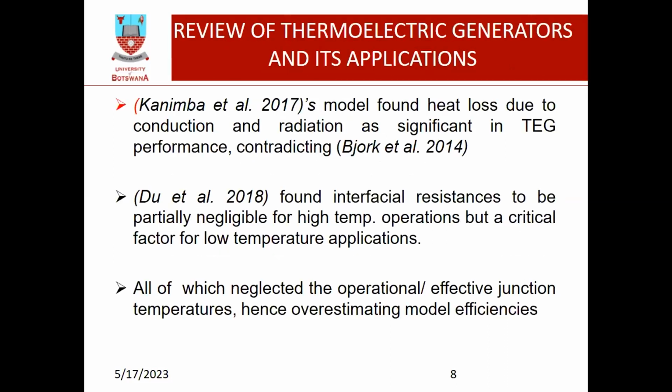Looking at the heat losses, this particular researcher, Ganimba, considered the heat loss mechanisms and found radiation and conduction heat loss significant, which contradicted the work of a previous researcher who deemed them insignificant.